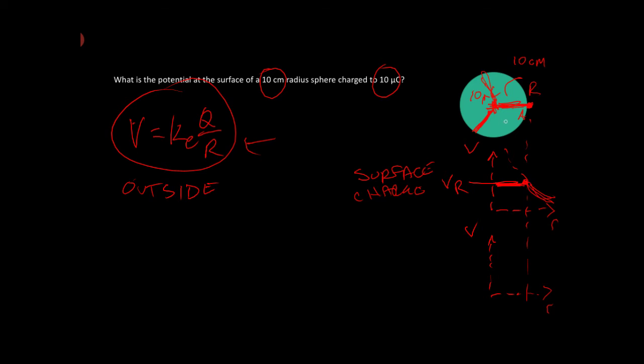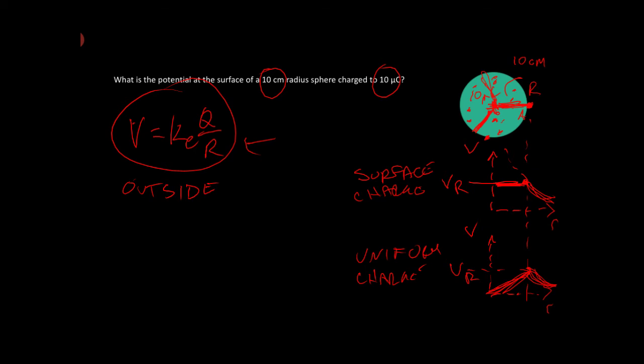But if this were uniformly charged over the volume, so that the charge density here and here and here, all of these little dots have the same charge density, well, in that case, outside it looks exactly the same, comes here to V R, but if you go down closer and closer to 0, you have this linear increase until you come here.